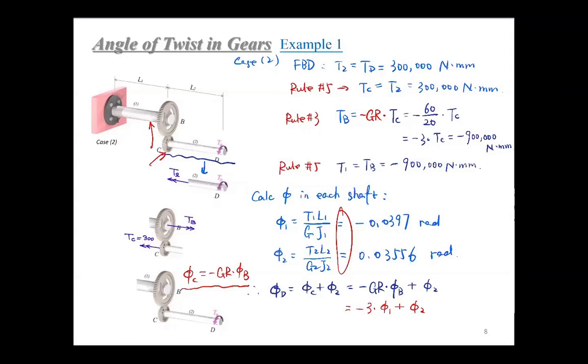We have these numbers already: negative 3 times phi 1 is negative 0.0397, plus 0.3556. The result will be positive 0.1546 radian.